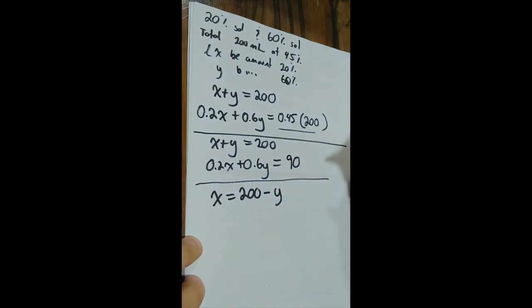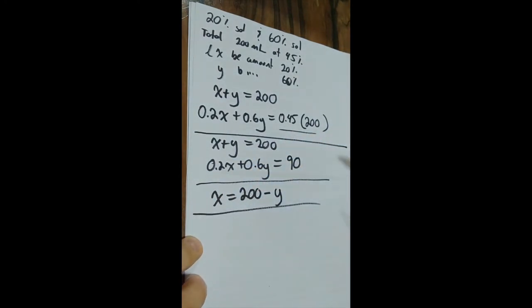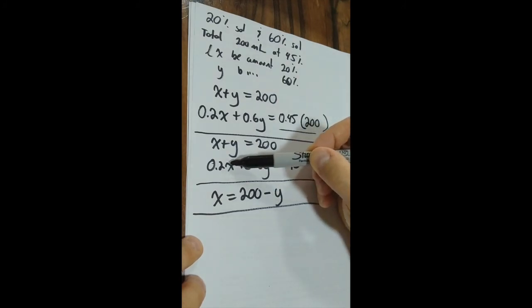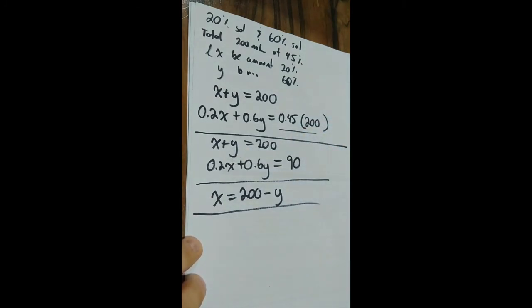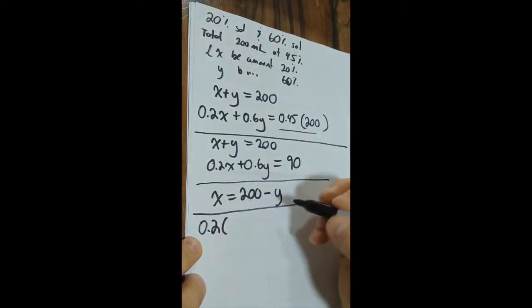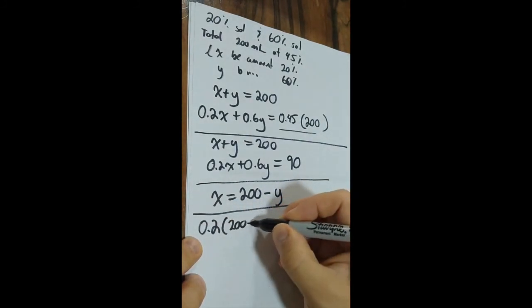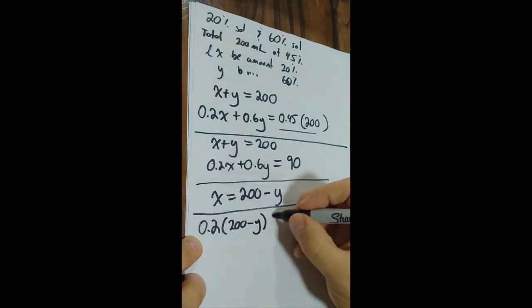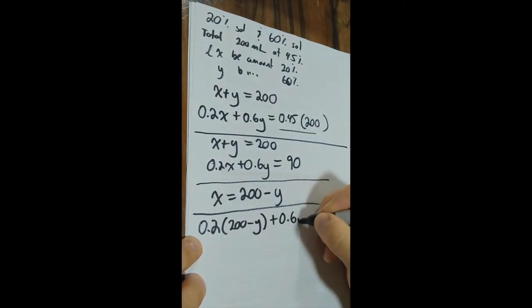minus Y. If I know that X is 200 minus Y, I can substitute it for X here, and that will leave us with one variable to solve. So 0.2 times, since X is 200 minus Y, plus 0.6Y equals 90.